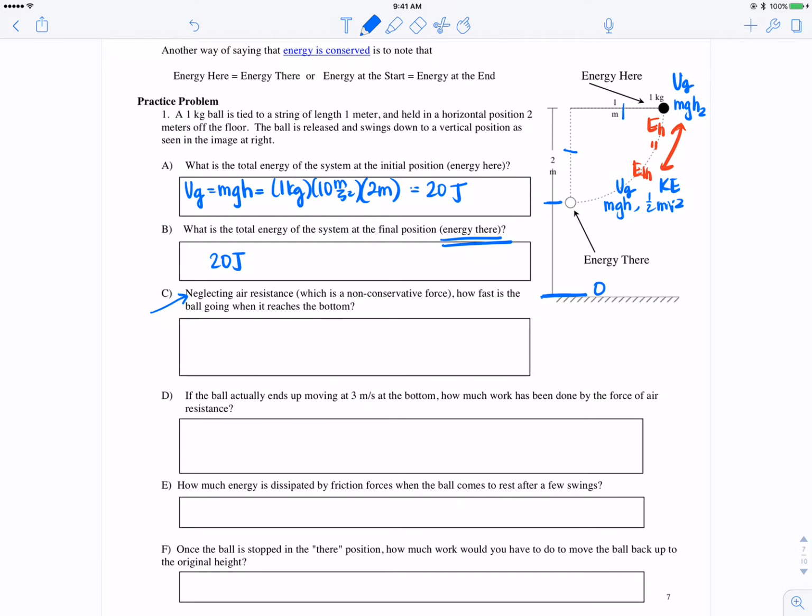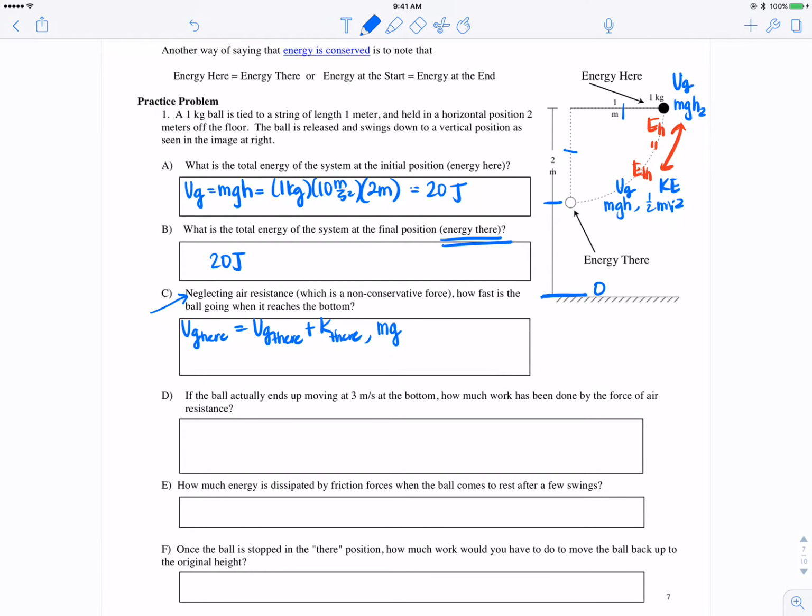Well, if energy here equals energy there, then I know that the gravitational potential energy at the top is equal to the gravitational potential energy at the bottom plus the kinetic energy. So I have gravitational potential energy here equal to gravitational potential energy there plus kinetic energy there.